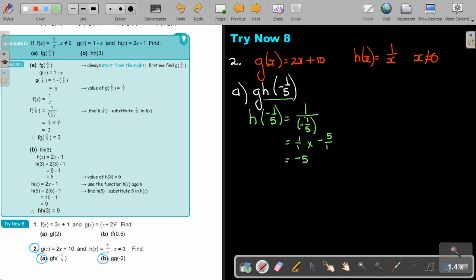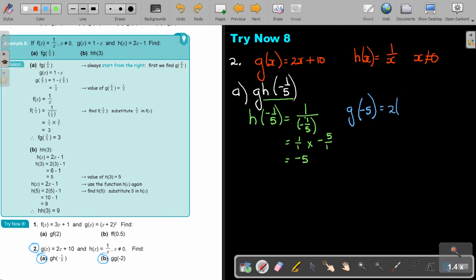And now I'm just going to put it in g. So I'm actually going to put that -5 into g, and that is going to give me, okay, this is number 2. I just want to check something quickly. I'm just going to repeat now. And then I'm just going to put it in, and that's -5.